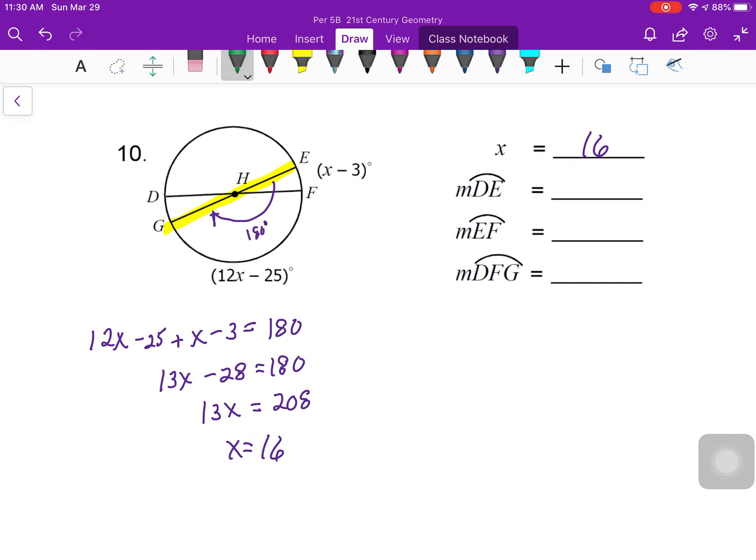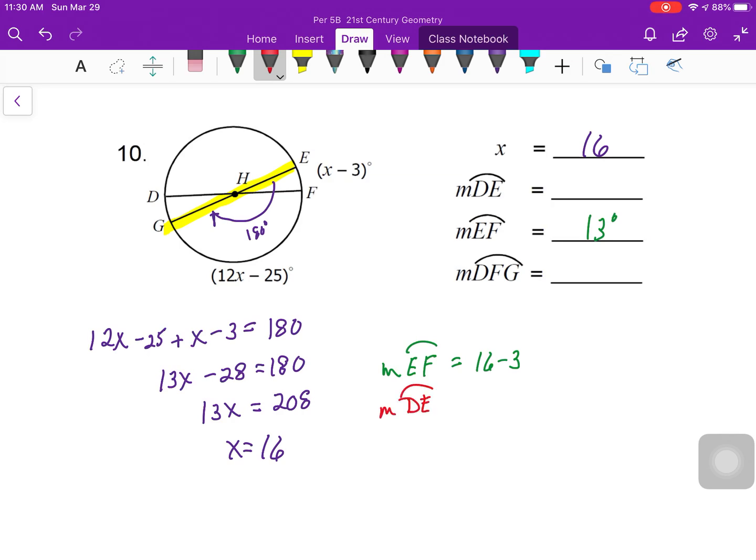And then once you have your x, you can find anything else you really need. So the arc from D to E. Well, first let's find the arc from E to F. The arc from E to F is going to be 16 minus 3. So that one's just 13 degrees.